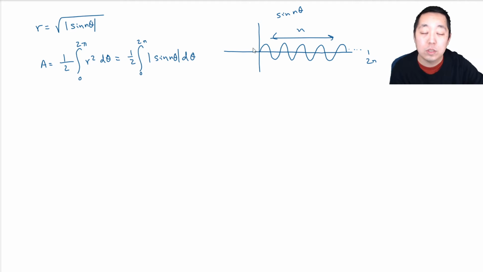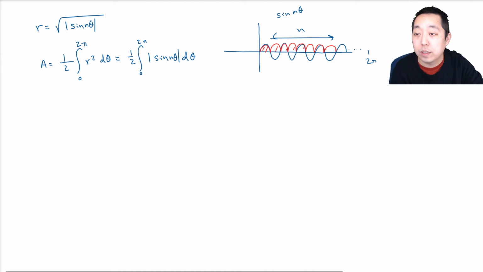It's like n repeated periods in a window of 2 pi. But because it's absolute value, it's really going to look more like this instead.